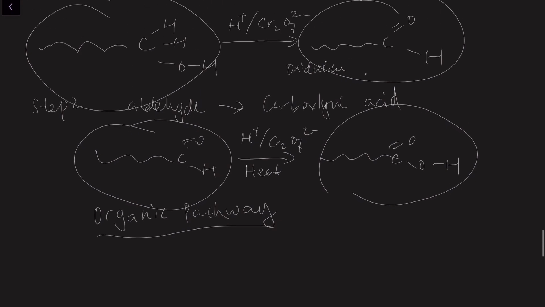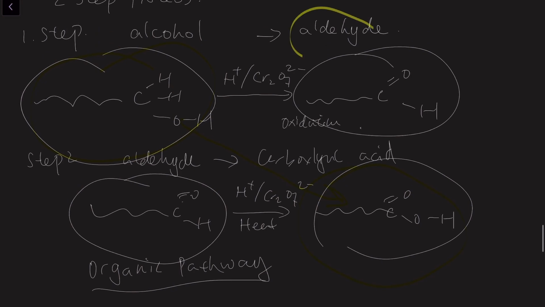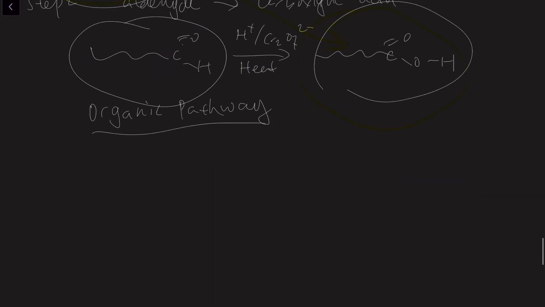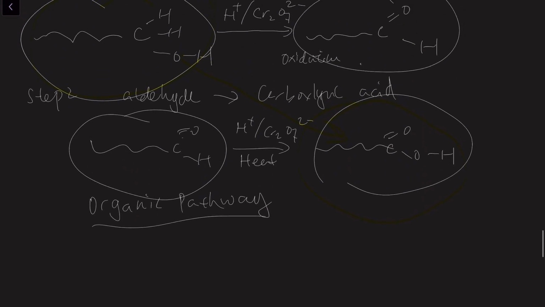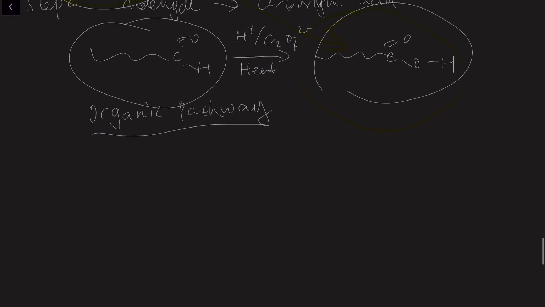In many cases, we just go directly from the alcohol to the carboxylic acid, because the aldehyde is really just an intermediary step that the process must go through in order to produce carboxylic acid. Because of this, producing aldehyde is a little bit tricky.